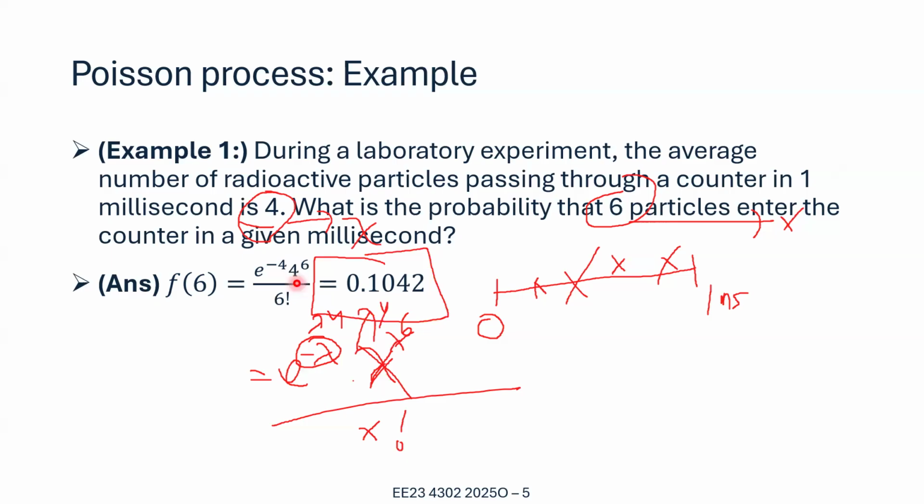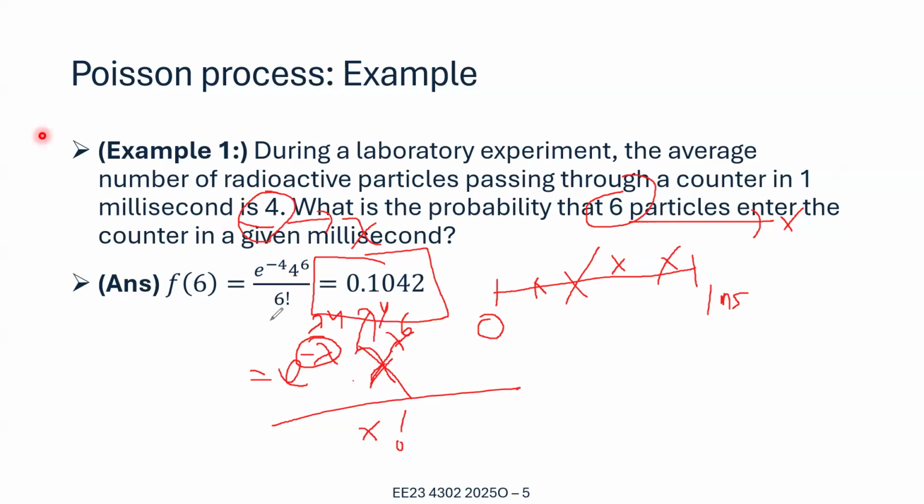Maybe you can imagine, what happens if we have x equals lambda? What would be the probability that we actually get an average of 4?